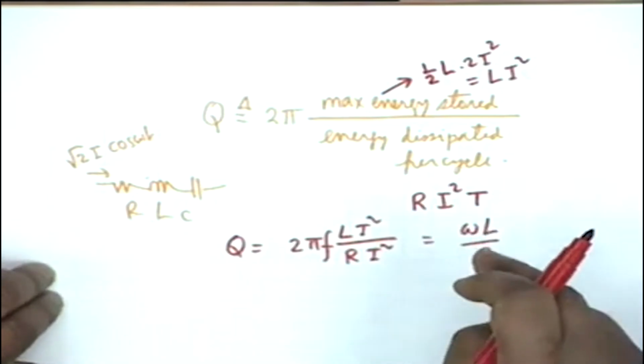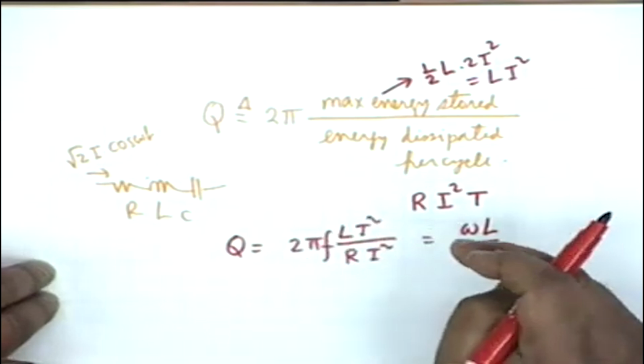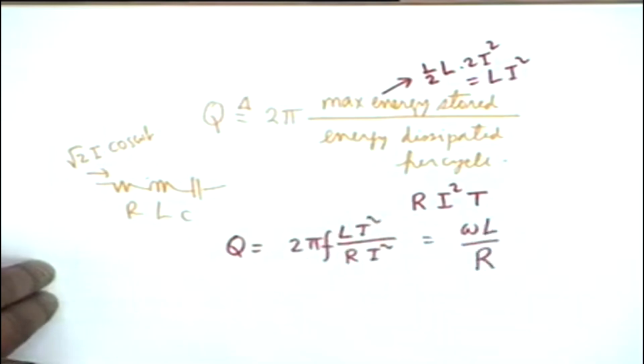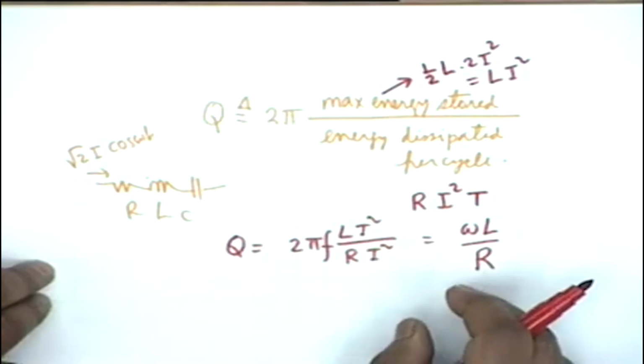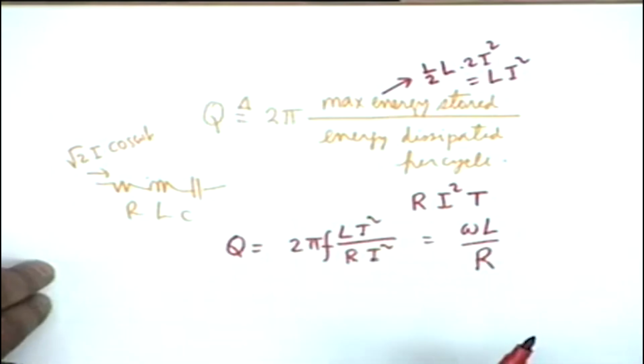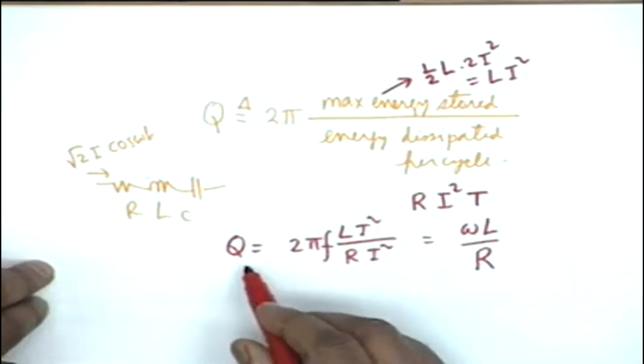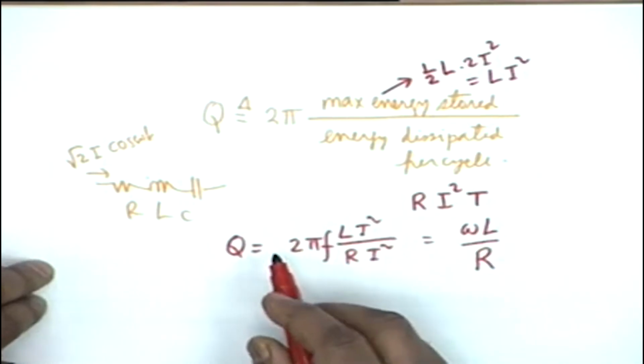This is the definition that we gave arbitrarily, that is a figure of merit, by considering the ratio of voltage across inductance to the applied voltage in a series resonance circuit. It comes out to be the same. However, it is conventional to define Q at the resonance frequency.